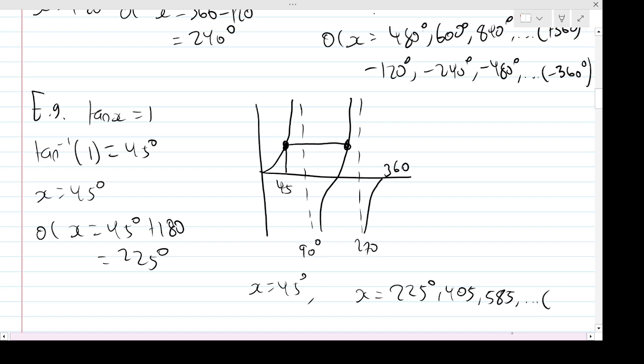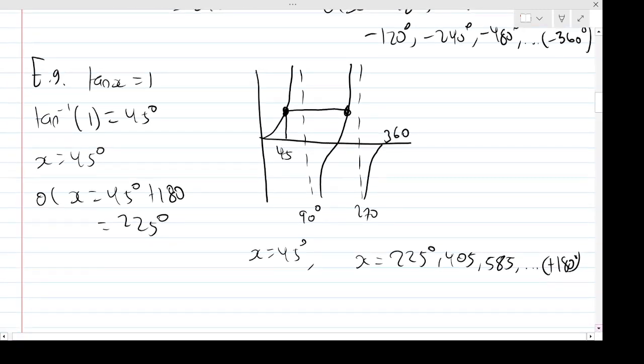So I can generate more values by adding 180 to my initial value of 45 from the calculator. And again, we can go backwards. We can subtract 180 from 45, so 45 take away 180 would be minus 135. And then that take away 180 would be minus 315, and so on. Those are the solutions I would get in that case.